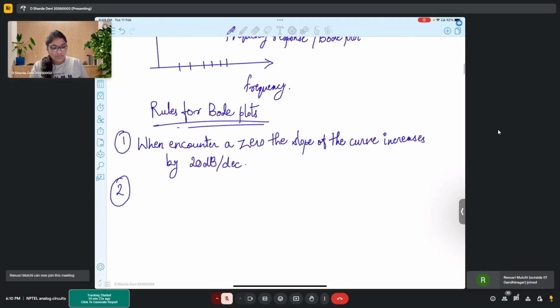So for now, just note down these points. I'll explain it to you. We'll do some examples to get these points clear.